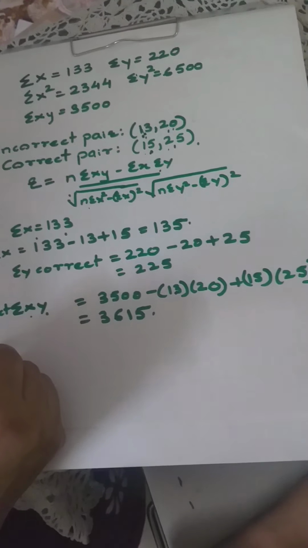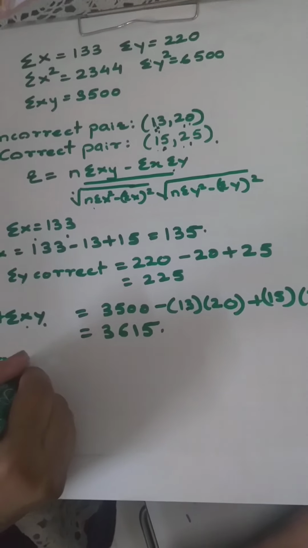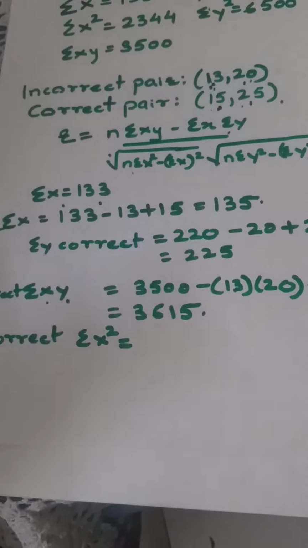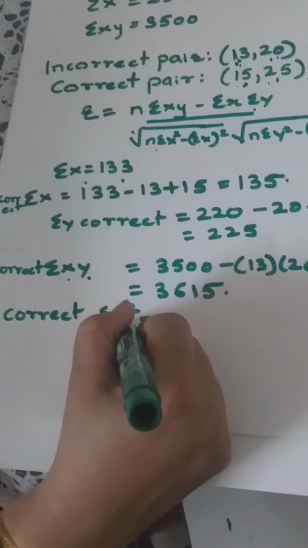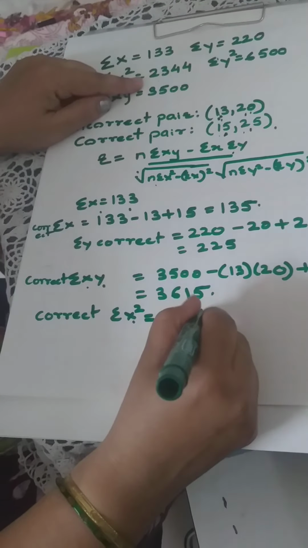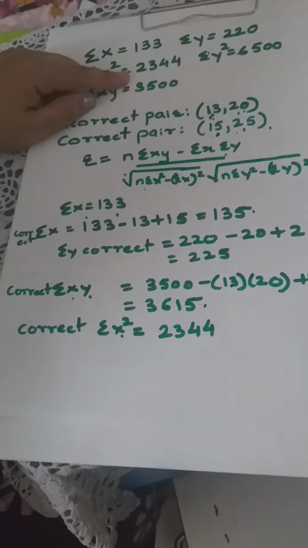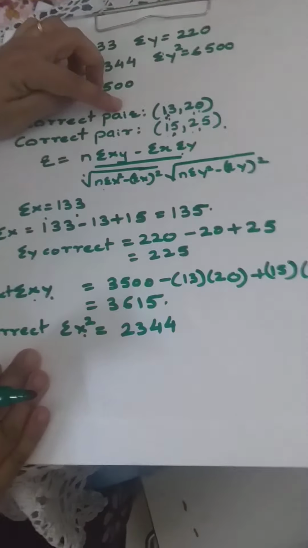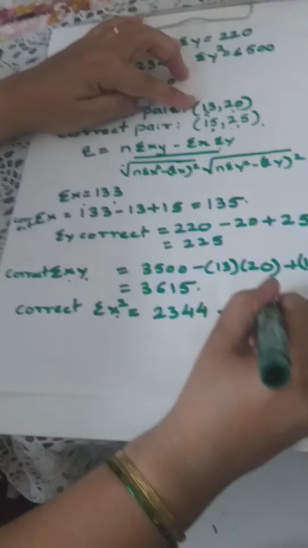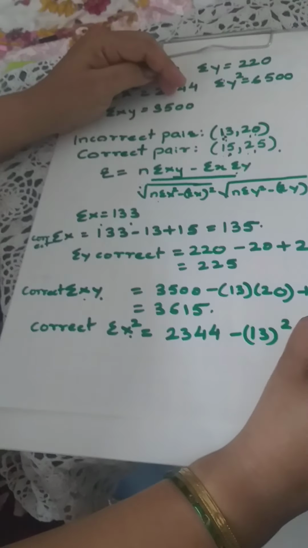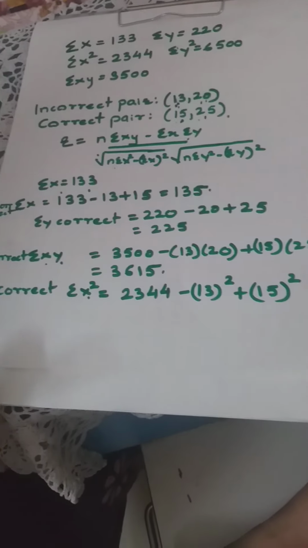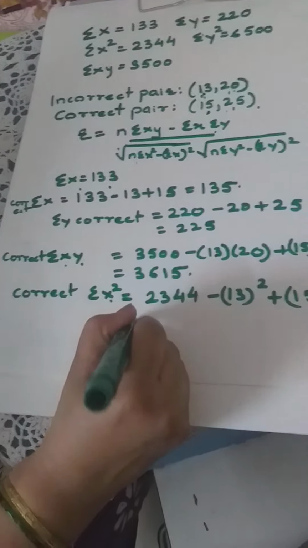So the correct summation x square I can find out by, what is summation x square given to us? It is 2344. What I have to subtract from it? The incorrect one. So the incorrect one is 13 square. And what I should add to it? 15 square. Then you can find out the correct summation x square.